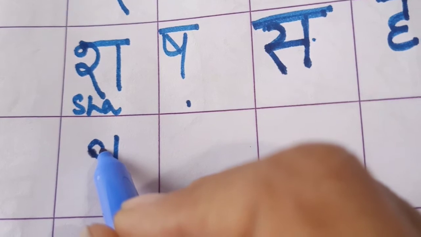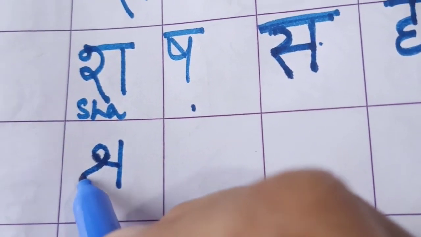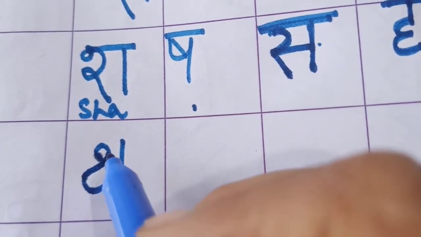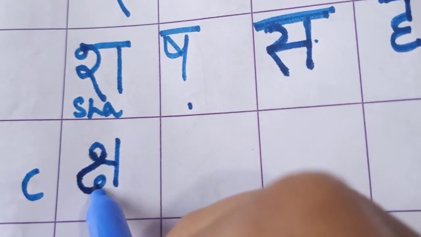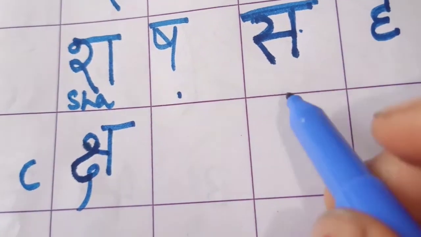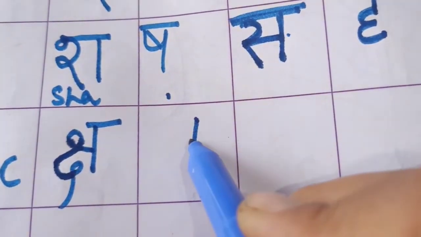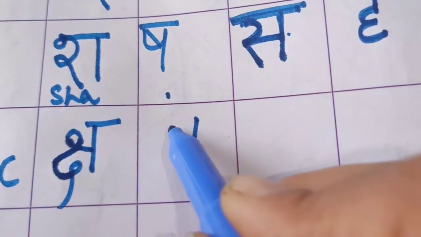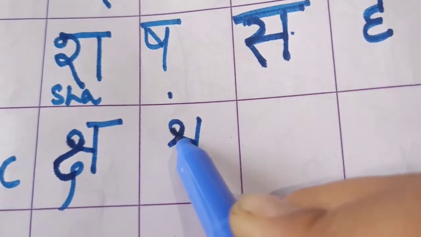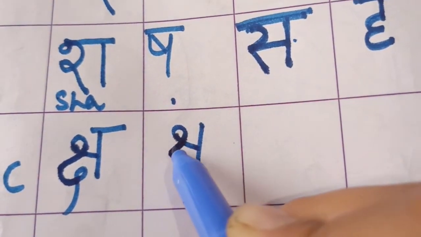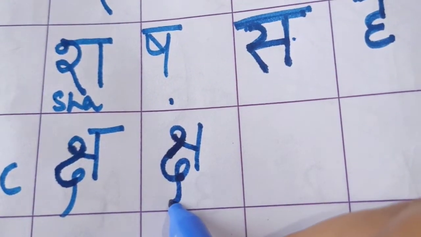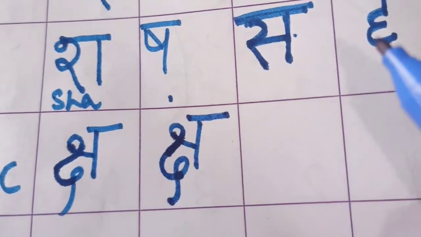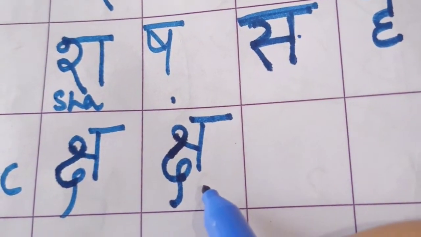Then an I, then a curve like S, or you can say C, and then a tail. You're good to go. So standing line, slanting line, an I, then you put a small line and then you put a C, and then you put a tail, and then you put a sleeping line: ksha.